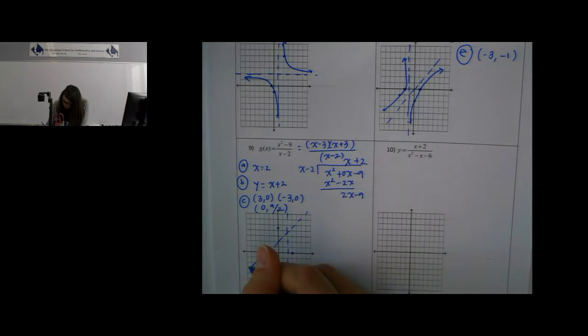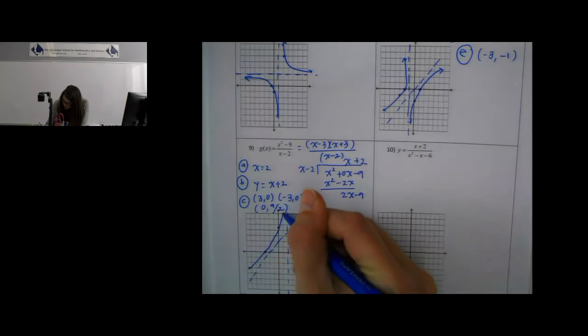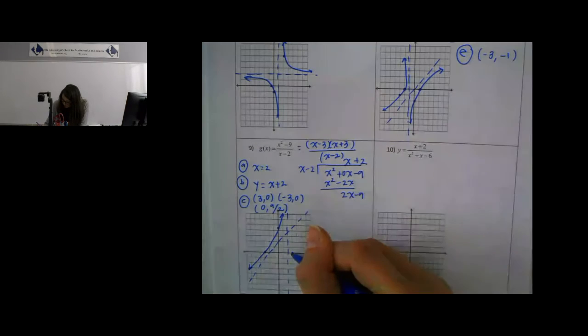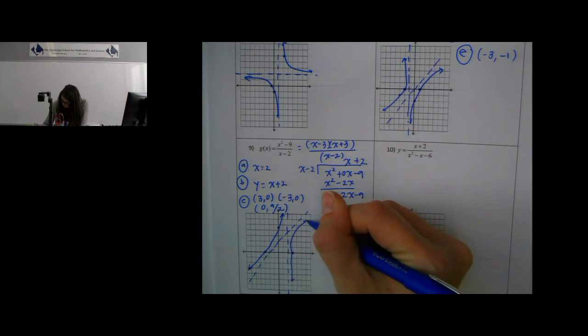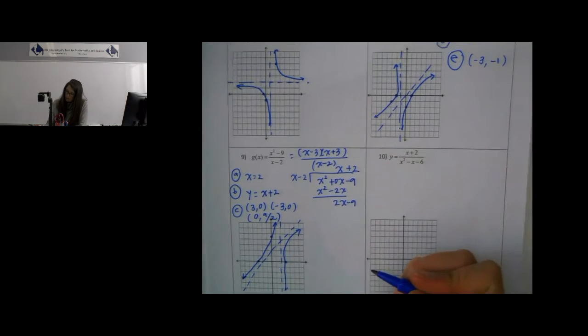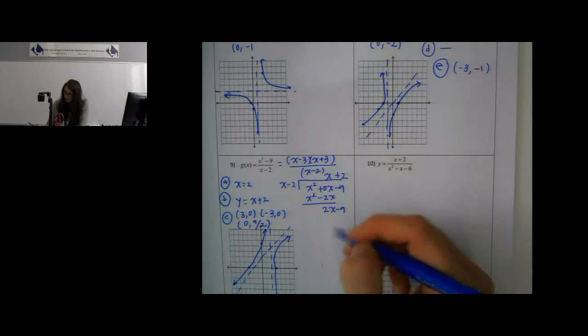So it's going to get real close to these asymptotes, but never touch. Like this. There's no hole here.